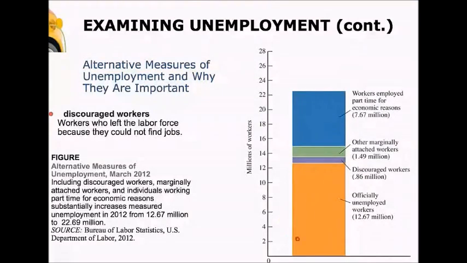That's 7.6 million. So we can straightforwardly measure the officially unemployed workers. It's much harder to figure out the number of discouraged workers, marginally attached workers, and those working part-time for economic reasons. But these workers are also not really fully employed the way they would like to be, but this makes it very difficult to measure.